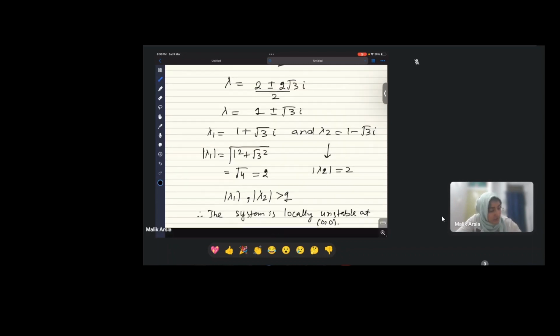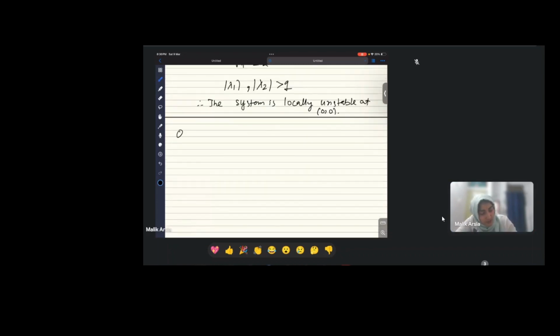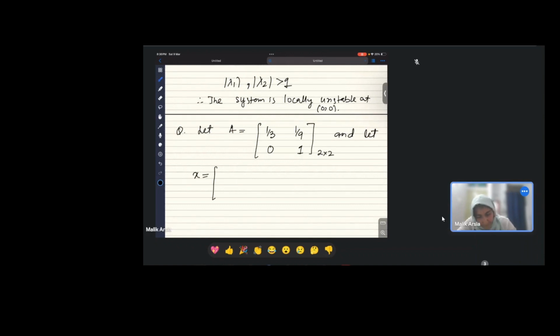Let A be equal to the matrix with first row 1 by 3, 1 by 9, and next row 0, 1. It's 2 cross 2, so A belongs to M2 by 2 of R. And let X be the column vector 1, 12.